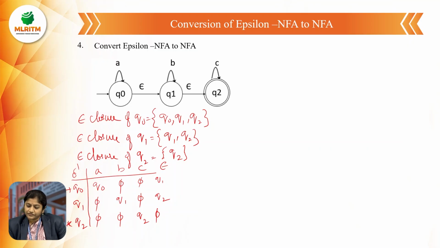Okay, first we'll write delta dash of Q naught on A. We'll start with the start state, that is Q naught.